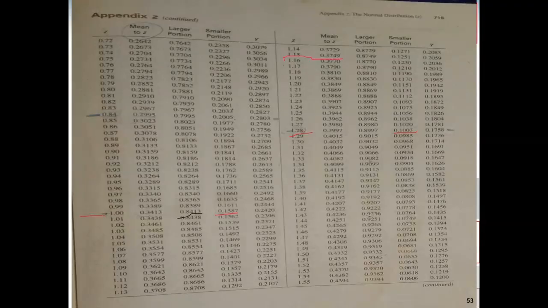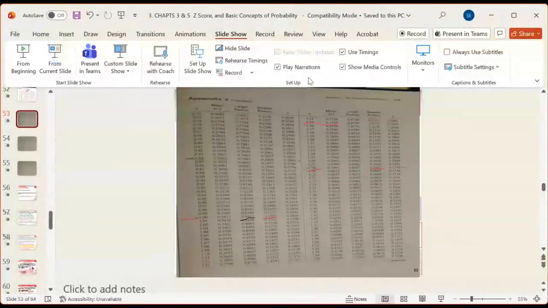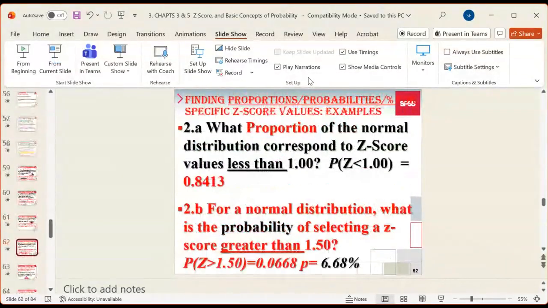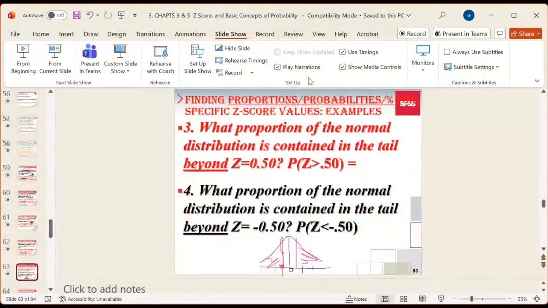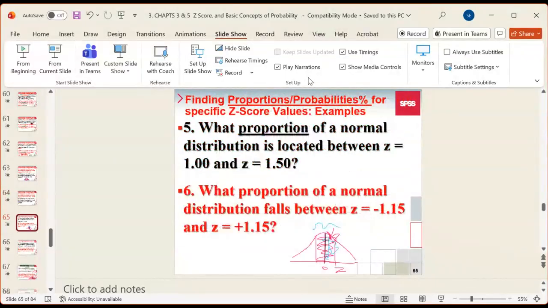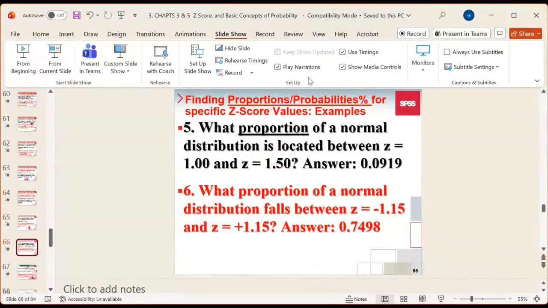That's proportion. If it says what's the probability, right there in that area will be 37.49%. So the answer for that one is 0.3749.